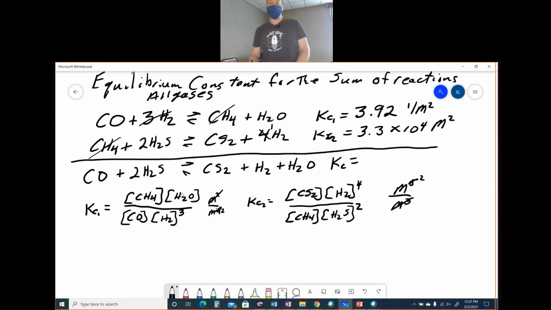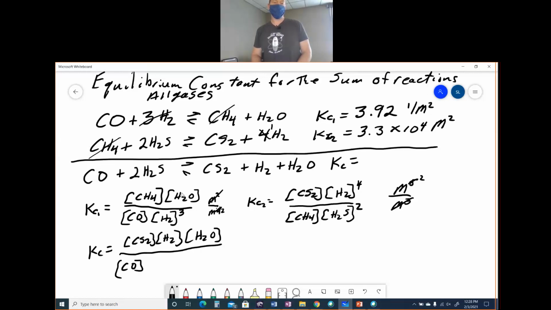All right, we can do the expression for the overall reaction when we added those two up. So the Kc for the addition of those two reactions: concentration CS2, concentration H2, concentration H2O over the concentration of CO and the concentration of H2S raised to the second power.